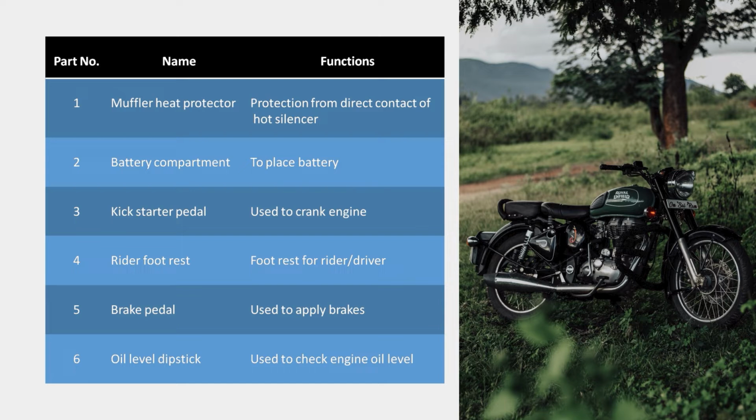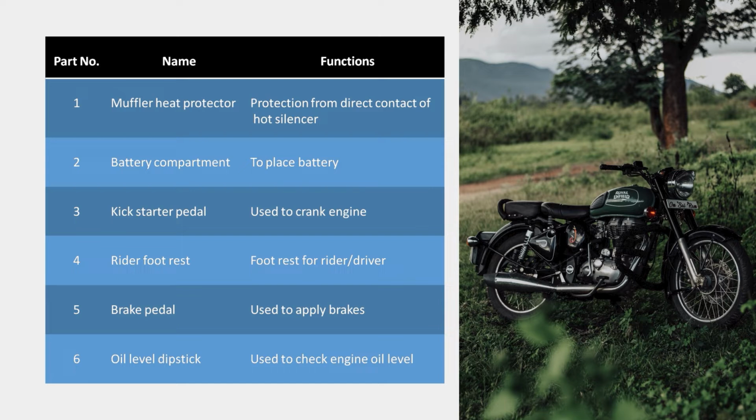If you kick the start pedal, motorcycle will start. Rider footrest. The rider needs a footrest, so that when the motorcycle is moving, he can rest his feet on the footrest.